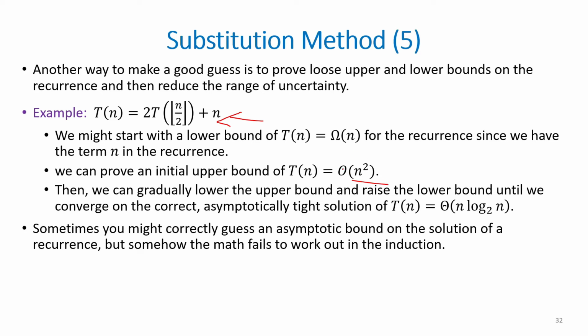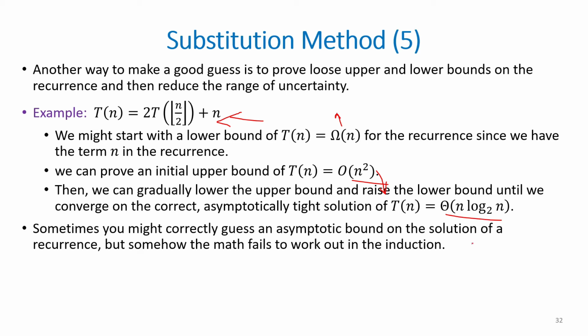So these would also be solutions to this recurrence equation, but they are loose bounds. In order to tighten the bounds, we could increase the lower bound to n log n, and we could decrease the upper bound to n log n, which would again be valid solutions and would give us a tighter bound, which is theta n log n.